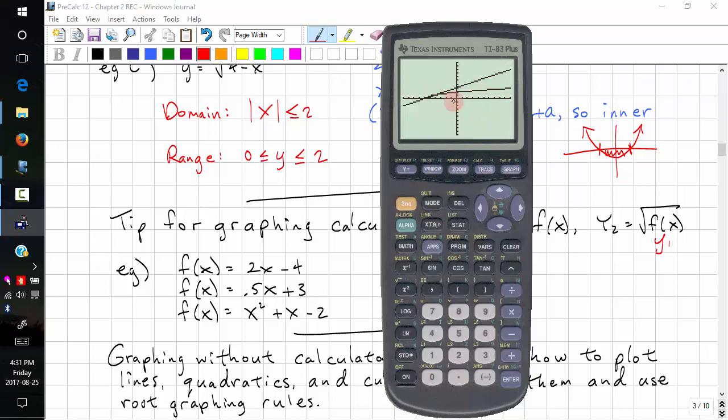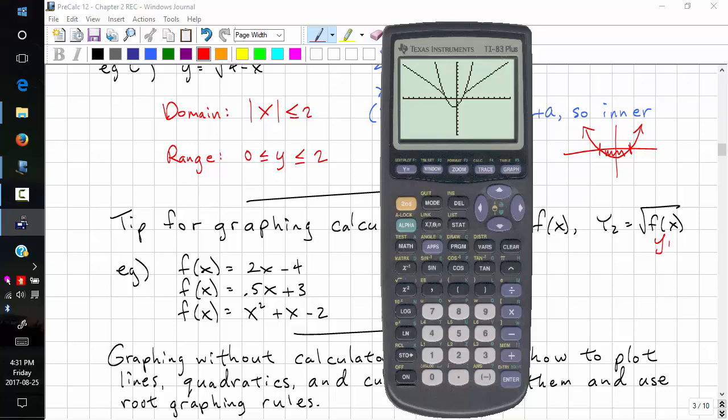It's doing the two graphs when I'm only changing one. Okay, clear. X squared plus x minus 2. And graph. Okay, we see that it's plotting below f of x, and then above, and then below. And that's the TI.